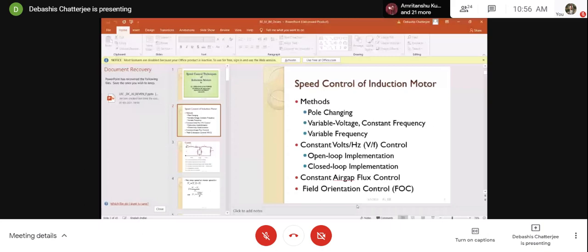The second method is variable voltage constant frequency; we will see later how it happens. And the third method is variable frequency.